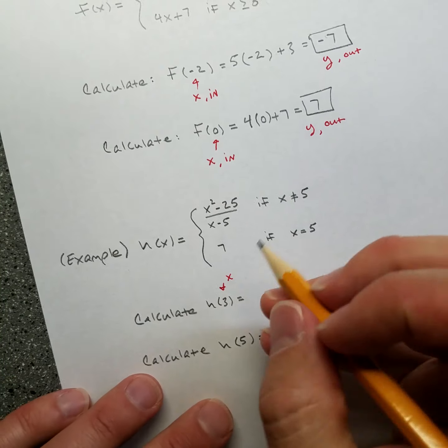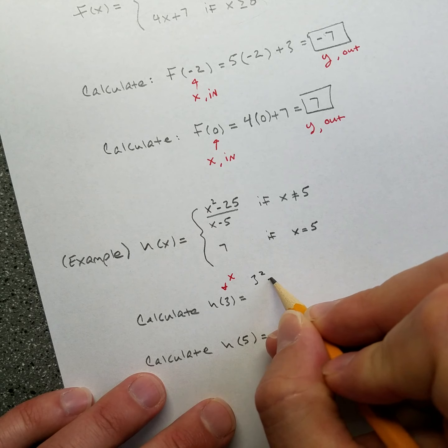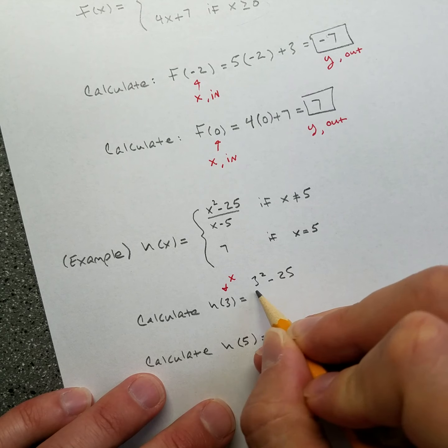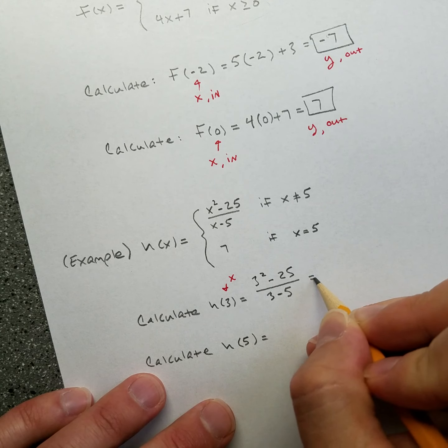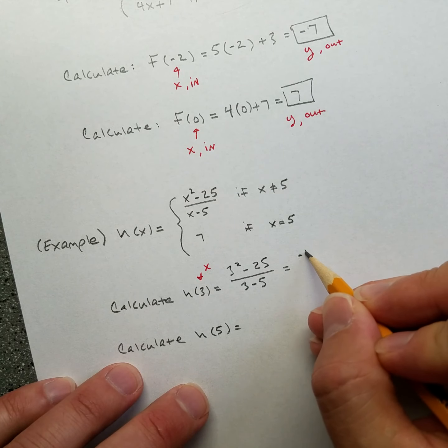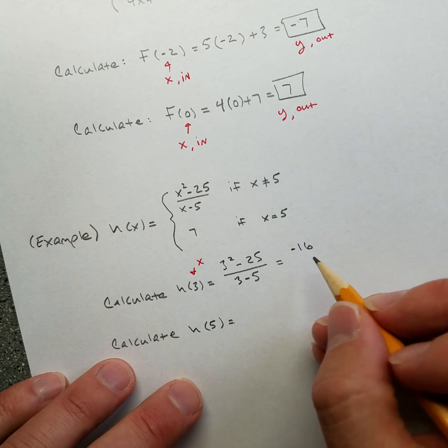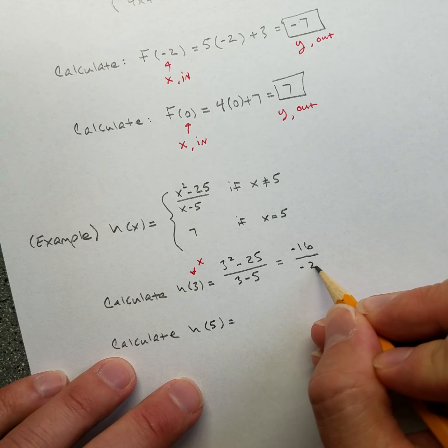So I put 3 in, into that 3 squared minus 25 over 3 minus 5. Okay, now I've got to do the math. That's 9 minus 25, since 3 squared is 9. I get negative 16 over 3 minus 5, that's negative 2.